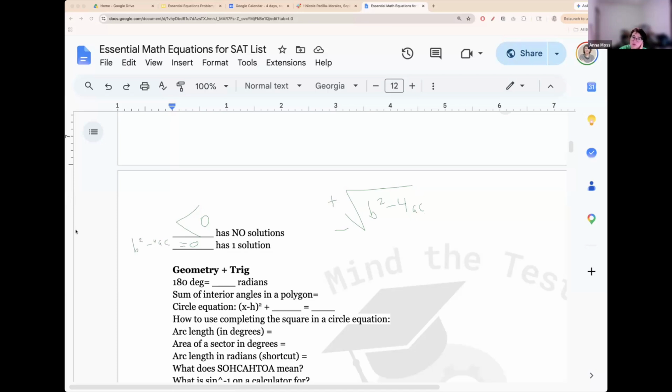So that's actually something that we're not going to talk too much about today. I do have a free course on this on Desmos, but I don't use the discriminant a ton unless it's a hard problem that has a lot of constants.